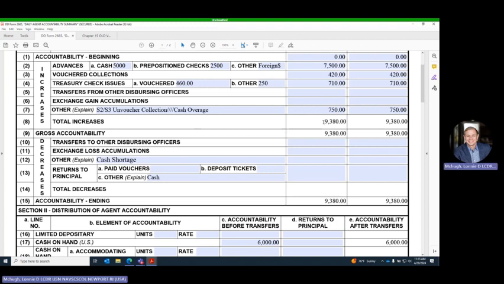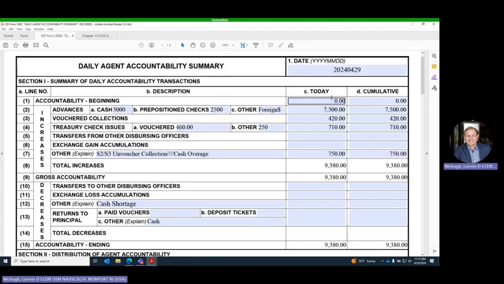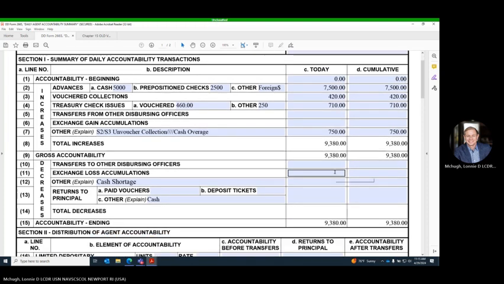Line 8 is a total, and line 9 is our line 1 plus our line 8. So if we had a dollar value here, these two would be different. Moving on to line 10, transfers to other dispersing officers.